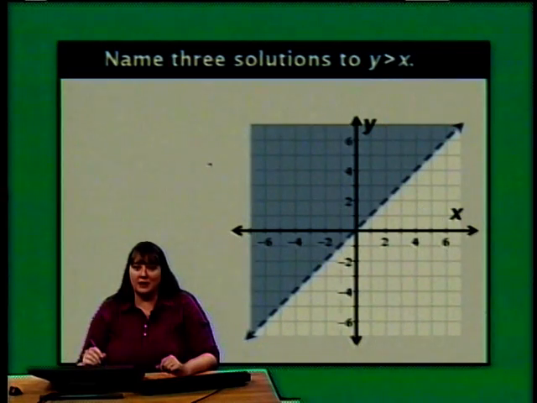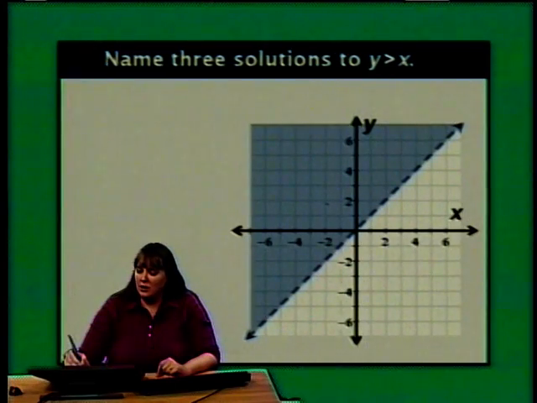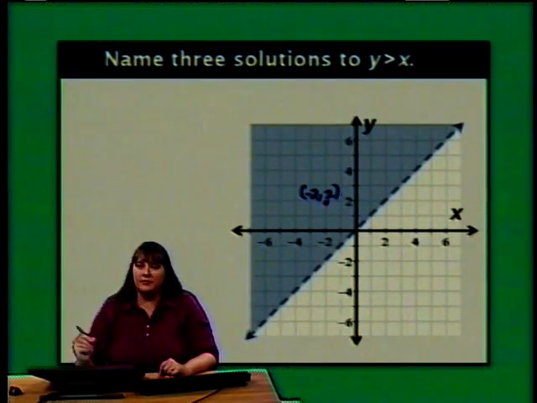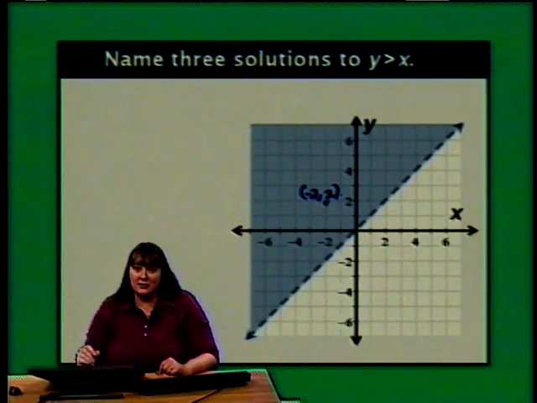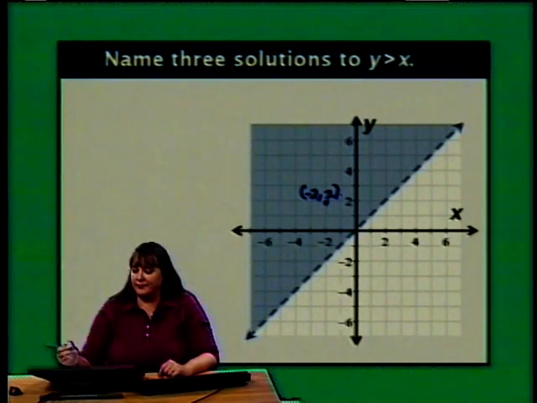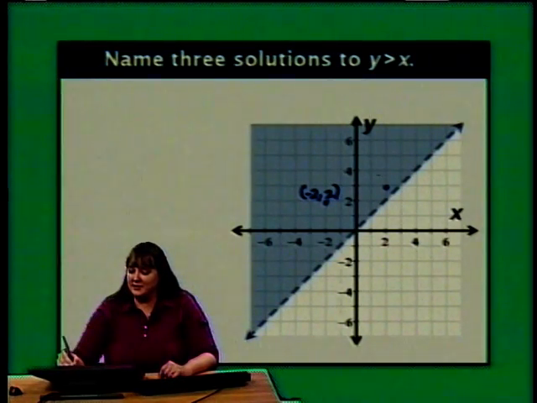Let's think about 3 particular solutions to y is greater than x. The line's not included, so I want to make sure I don't pick any points on the line, but instead pick points above the line. For instance, the point negative 2, 2. Since y is 2 and x is negative 2, y is indeed greater than x. Another point that satisfies this inequality is 2, 3.